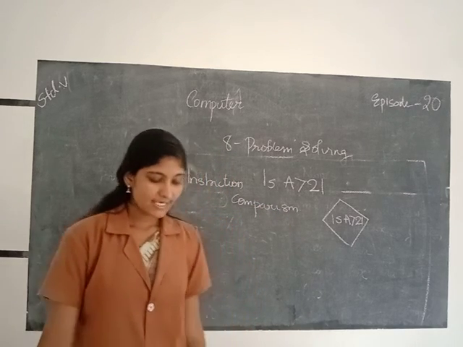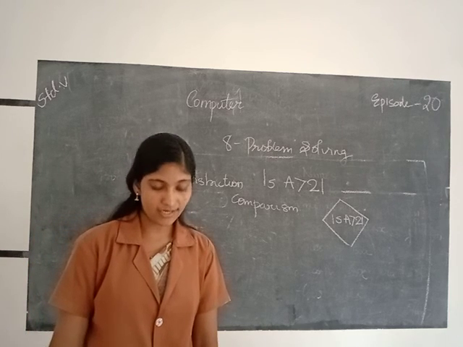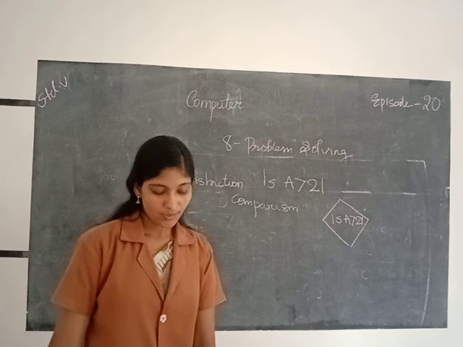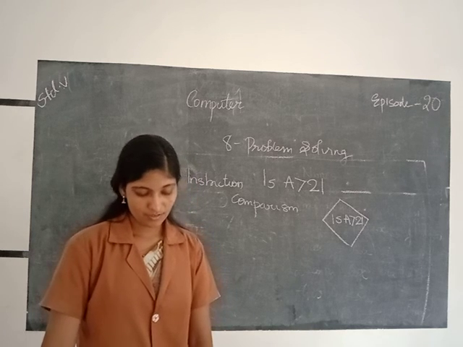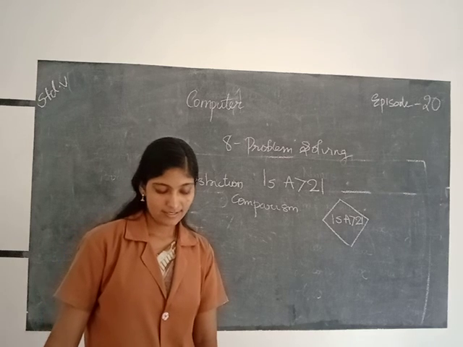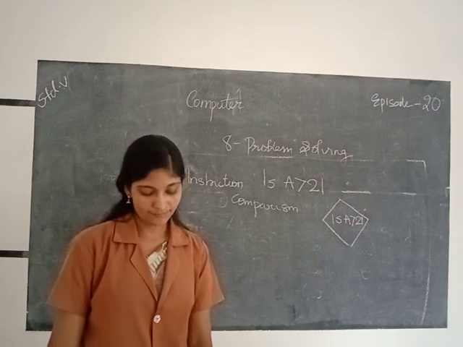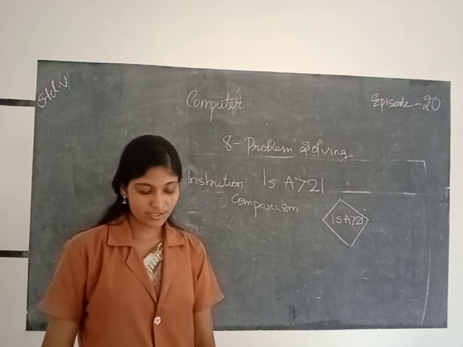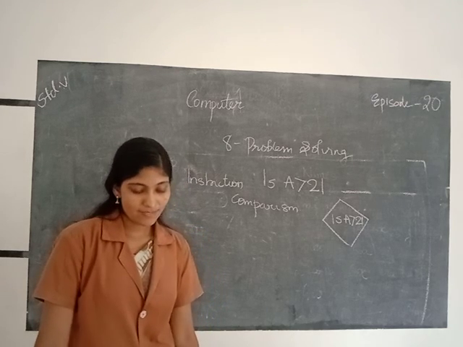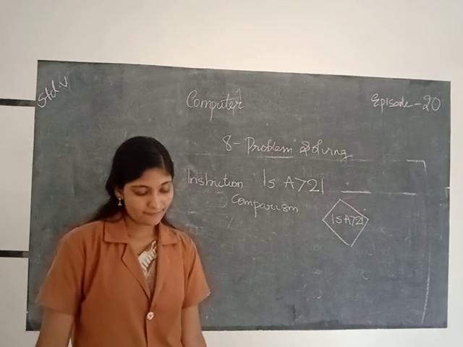The next is, Sanjay has to write the instruction input A in a flowchart. He is confused about which box to use. Draw the required box and write the instruction in it. Can you tell me which box can be used to help Sanjay?